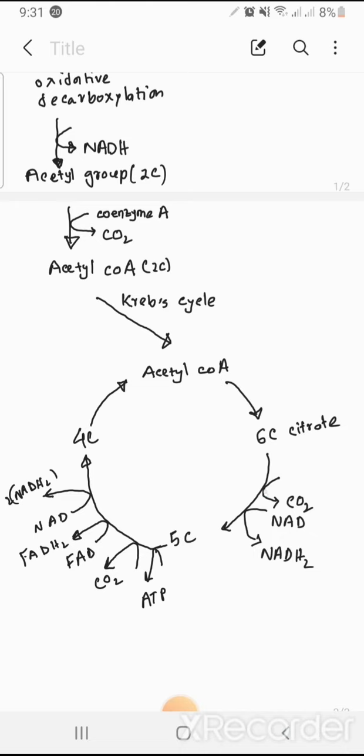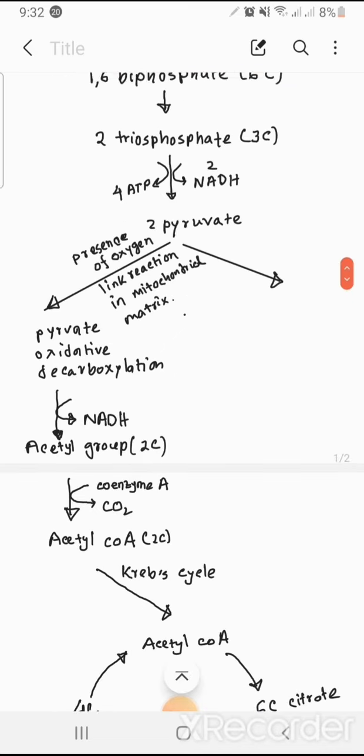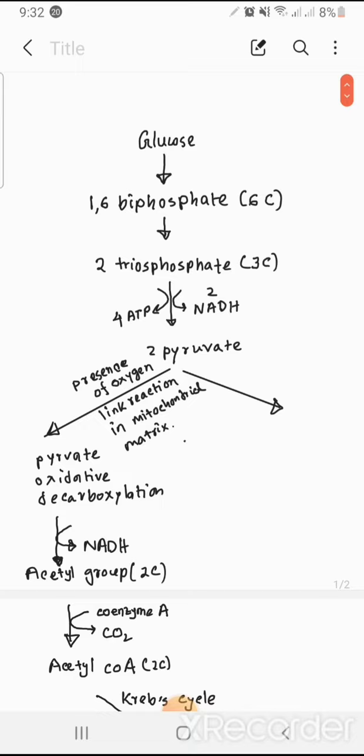This 6C citrate releases carbon dioxide and becomes 5 carbon. This 5 carbon then releases ATP, carbon dioxide, FADH2 and NADH2 and becomes 4 carbon. This 4 carbon again reacts with acetyl CoA. This goes on 2 times for each glucose molecule. I think it's now clear to you. Hope you understand.